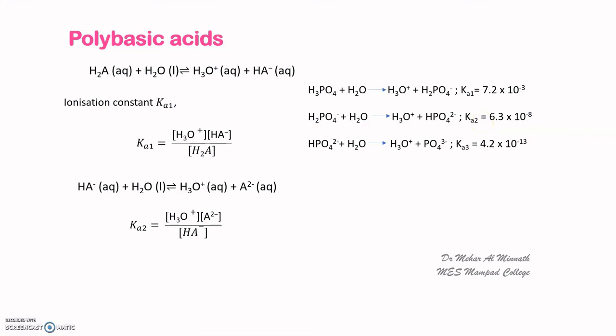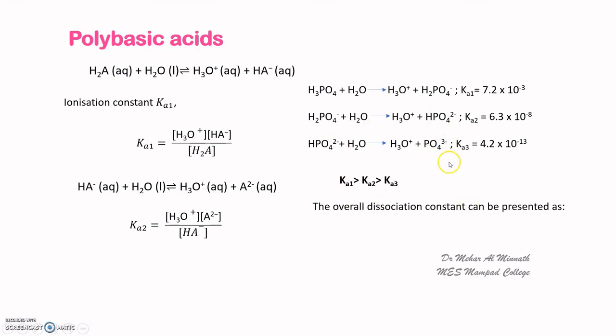And when you come to the third ionization constant, you have two negative charges on HPO4 2-, so removal of a proton from a more negative ion becomes even more difficult. So the higher order dissociation constants have lower values. The order is Ka1 greater than Ka2 greater than Ka3.